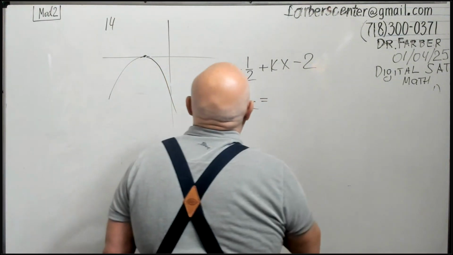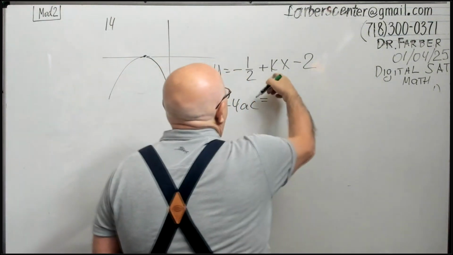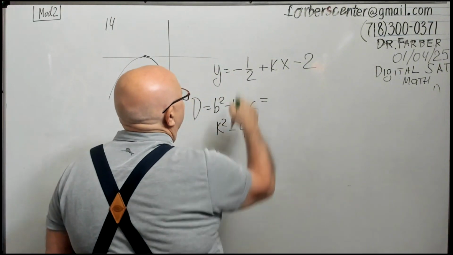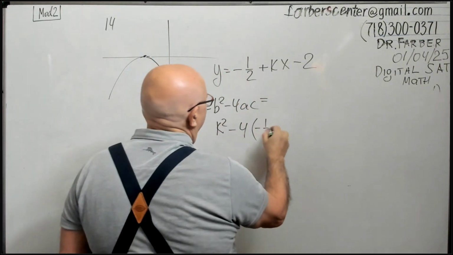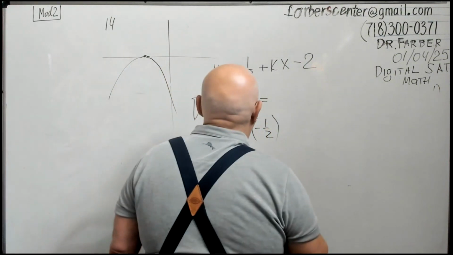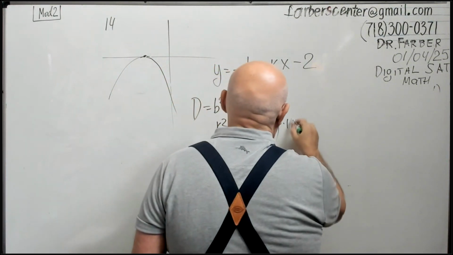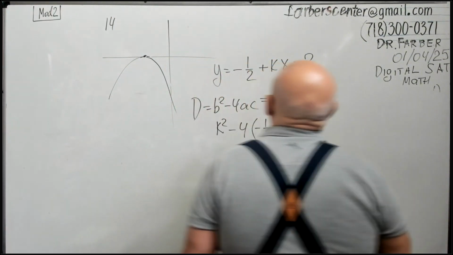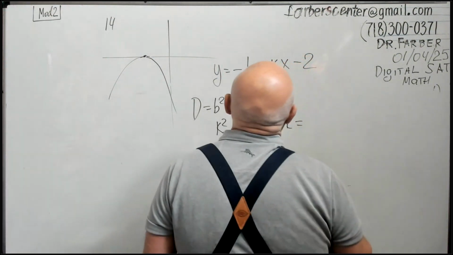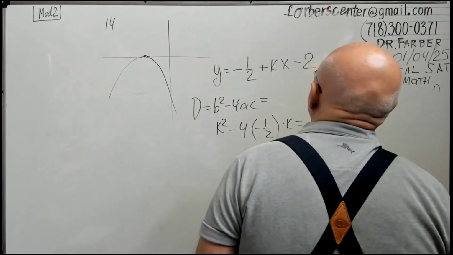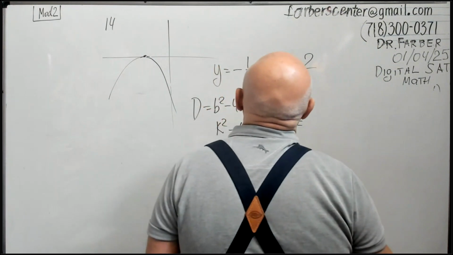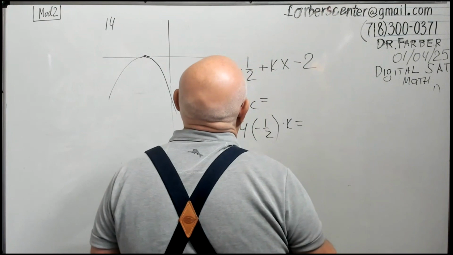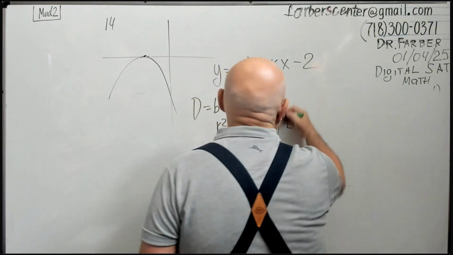Which is k to the second minus 4 times -1/2 times c times k, which is AC times -2.